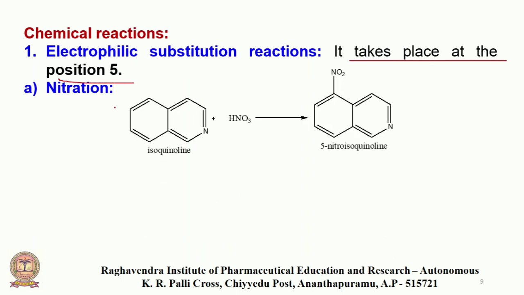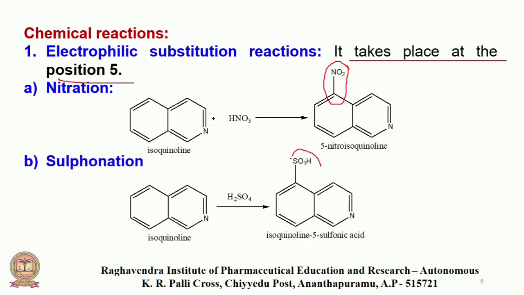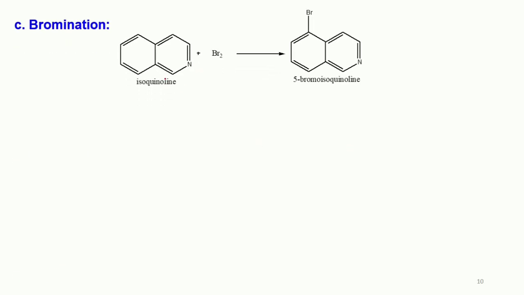You can see the nitration: isoquinoline reacting with nitric acid gives 5-nitroisoquinoline. In sulfonation, the sulfonic acid group attaches at the 5th position by reacting with sulfuric acid, giving isoquinoline 5-sulfonic acid. And in bromination, isoquinoline reacting with bromine gives 5-bromoisoquinoline.